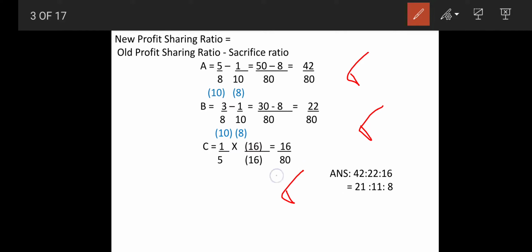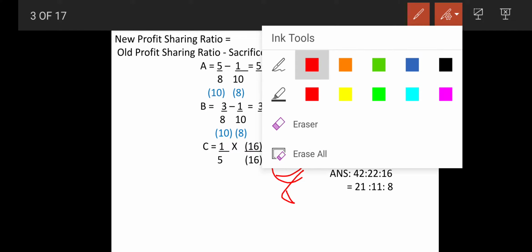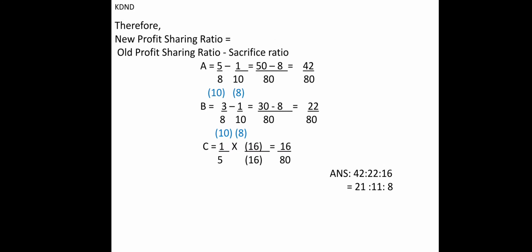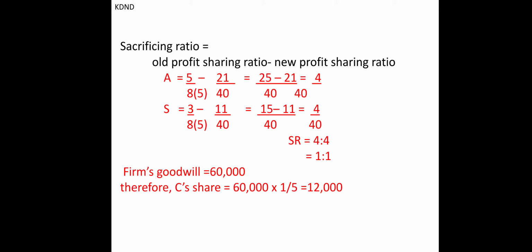Just to make LCM equalize, 1/5 multiplied by 16 into 16. So finally we got new profit sharing ratio is 21:11:8. And the sacrificing ratio we had already got in the starting only, but just to show the working I have done over here.